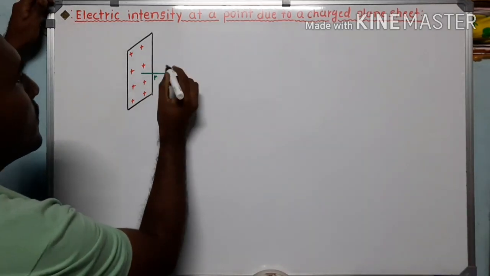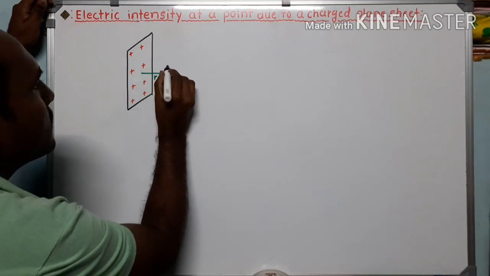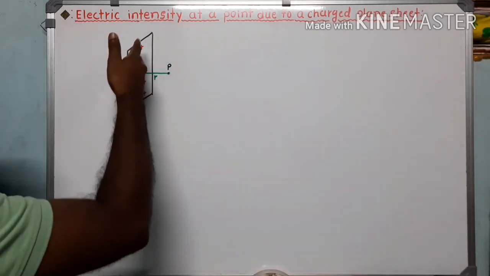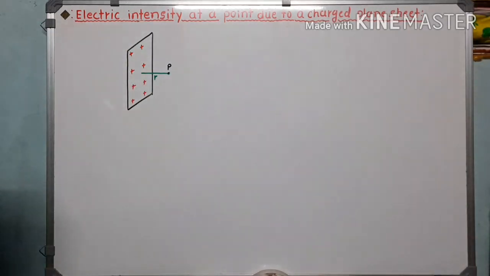Here, this is the point P. Getting the idea? Here also, many charges are going to distribute on the outer surface of the plane sheet. That's why we have to use Gauss theorem.